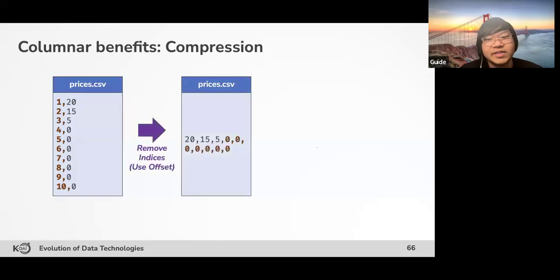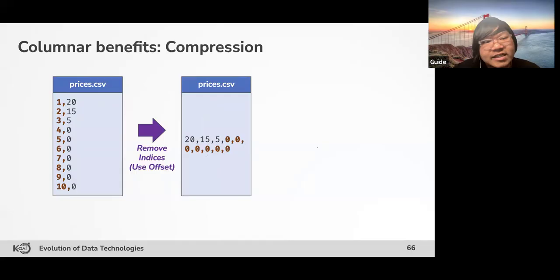We just assume that the first one will be 1, the second one will be 2, 3, 4, 5, 6, 7, 8, 9, 10. So this is one other thing that we can do. We can reduce the indexes, but this doesn't seem to be compression, right?